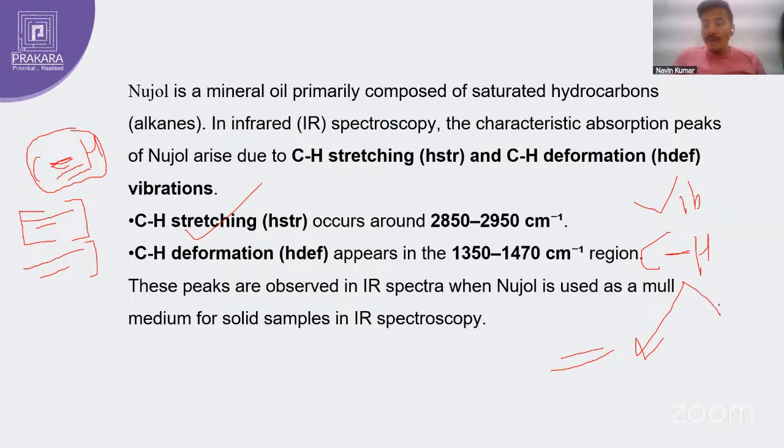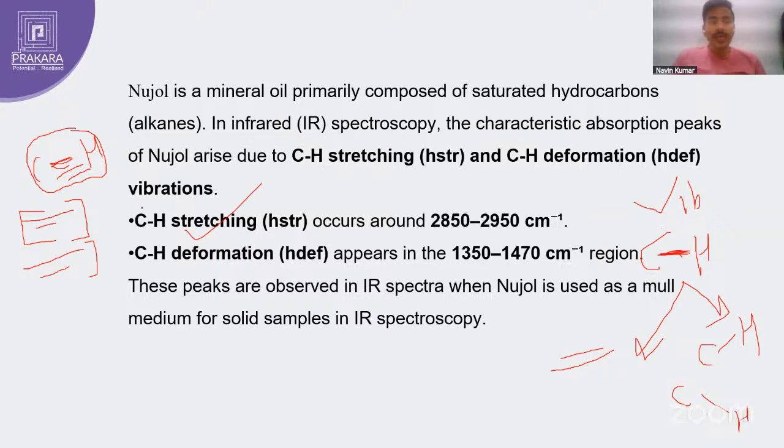And the second one is the change in bond angle. Here you can see this one is directed, so what can happen? The bond angle changes, like it will become like this, or it will become like this.